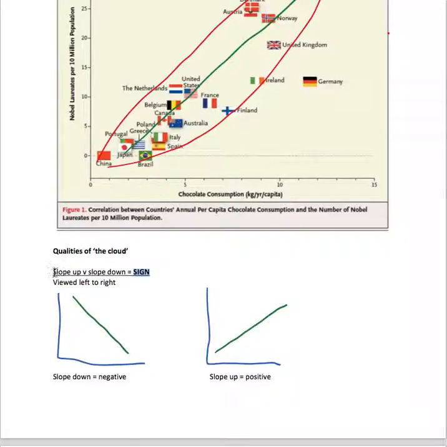So we want to know if it's sloping up or sloping down, and that is the sign. If we look at our table here, it slopes up and to the right, so this is a positive correlation.